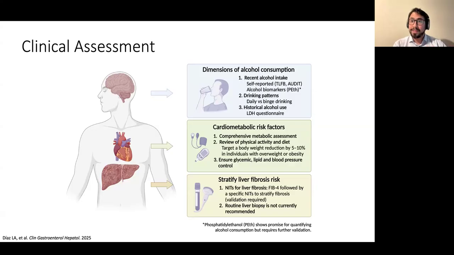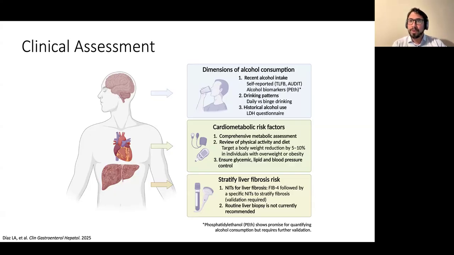Cardiometabolic risk factors are relevant, but unfortunately, around 90% of the population fulfill the cardiometabolic risk factor criteria. So it's not so useful to differentiate between each subtype, but we need to assess.